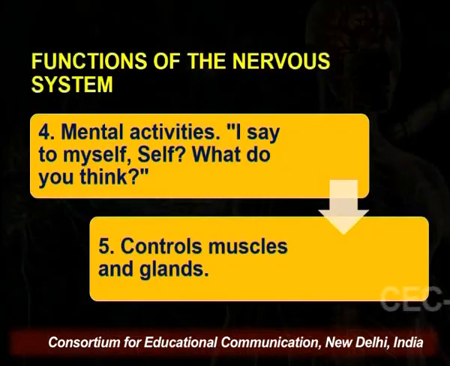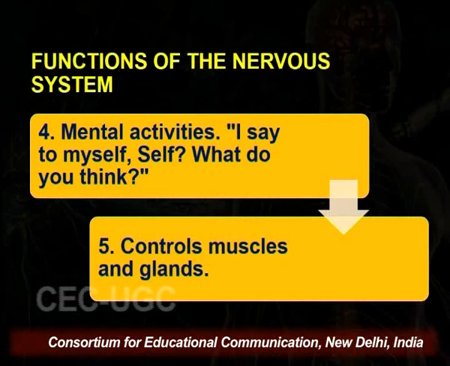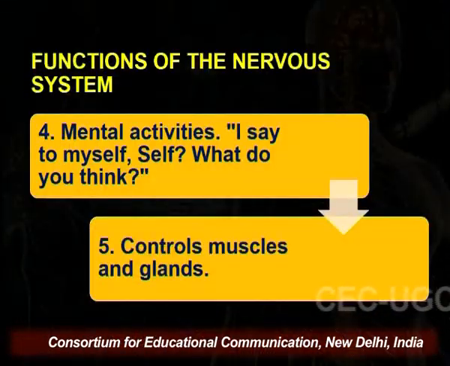Then mental activities, I say to myself, what do you think? Whatever you are saying, whatever you are observing, you are thinking, and your reaction is up to your mental observation. Then it controls muscles and glands.